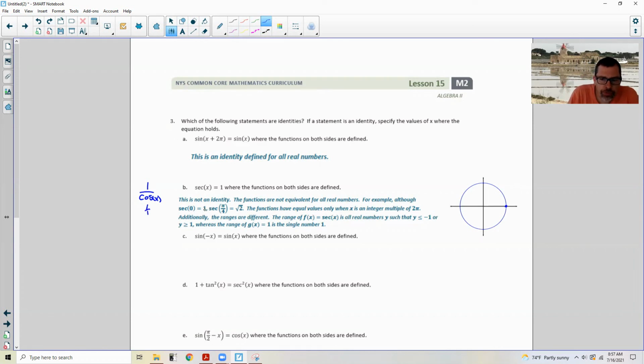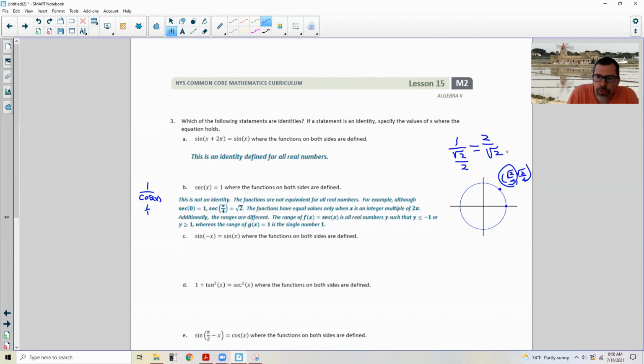So that's true. But if I go to pi over 4, which is right here, remember that is the point root 2 over 2, comma, root 2 over 2. The cosine is this, root 2 over 2. Secant is 1 over the square root of 2 over 2, which equals 2 over the square root of 2.